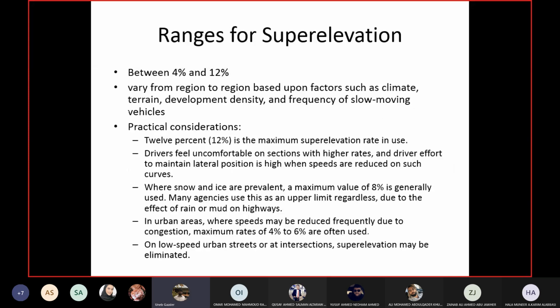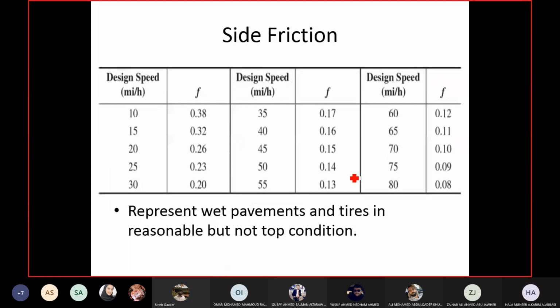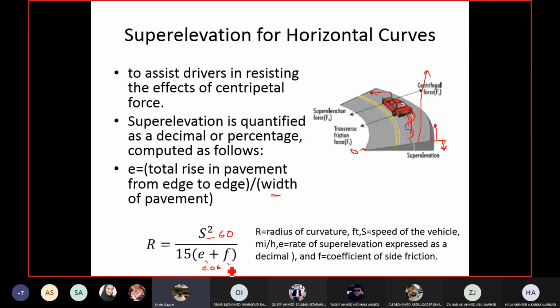First of all, if I go to the equation of radius, speed is 60, super elevation 0.06. Then I need the f value. For the f value, I have the table. You come to the table, speed of 60, f should be 0.12.